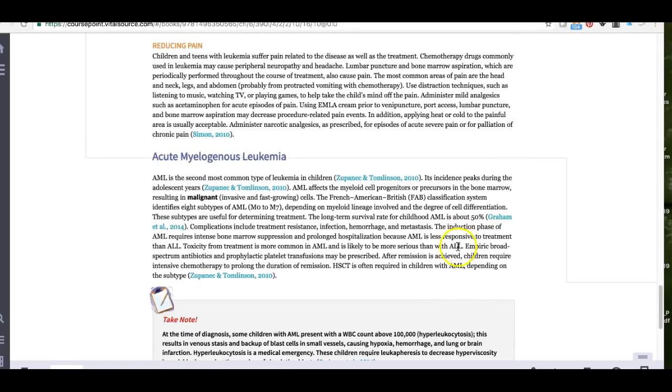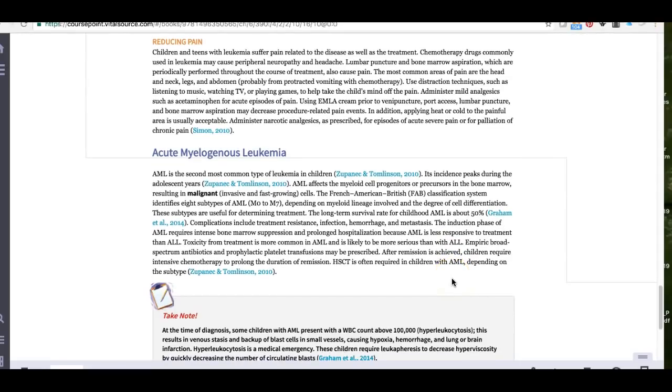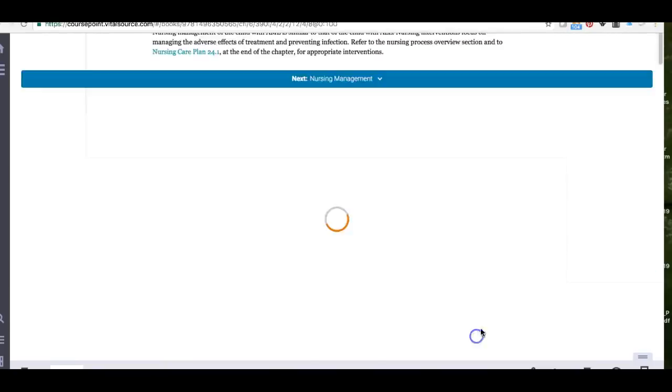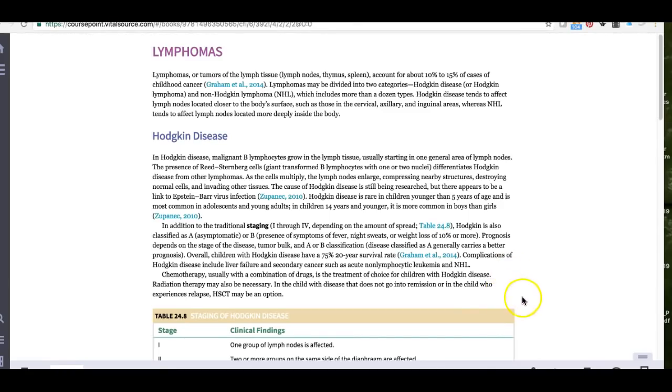Right, AML, like I said, is usually in the older kiddos. And long-term survival for these is pretty good. I think it's about 80% in ALL, 50% in AML. All right, the lymphomas, again, just depends on the cells that are affected.